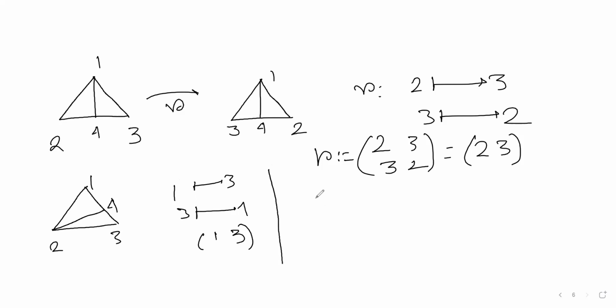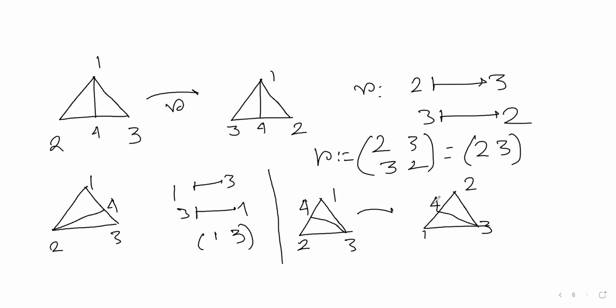and we write it in shorthand as (1 3), and the other one is 1, 2, 3, 4, right? With this axis we have this change, 2, 1, 3, 4.